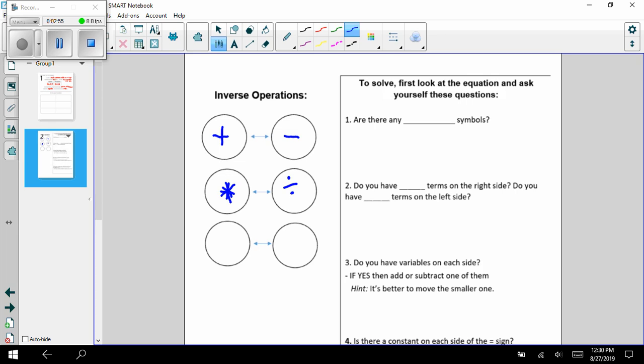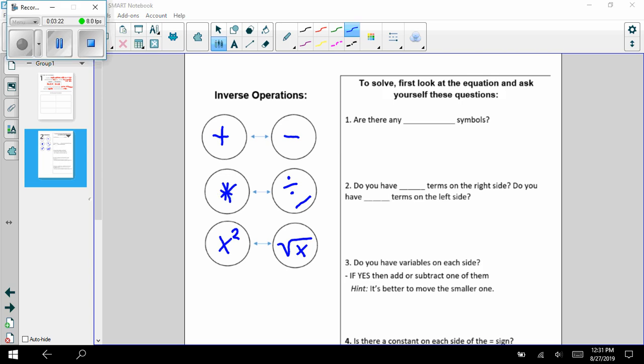I'm going to draw that one, and I'm going to go ahead and draw the slash as well. So those are the 4 basic operations that you're familiar with. We're also going to show the inverse operation of a variable that's been squared. To undo the square, you would do the square root of the variable.